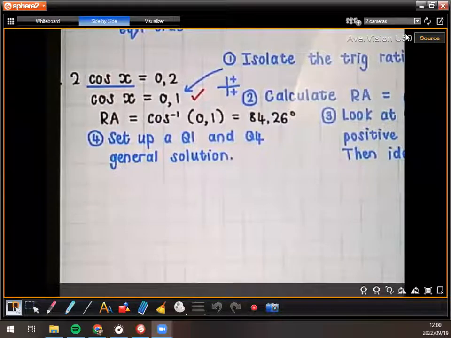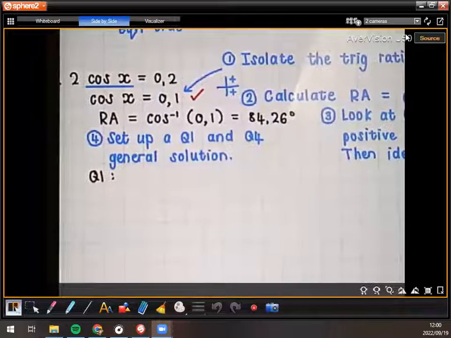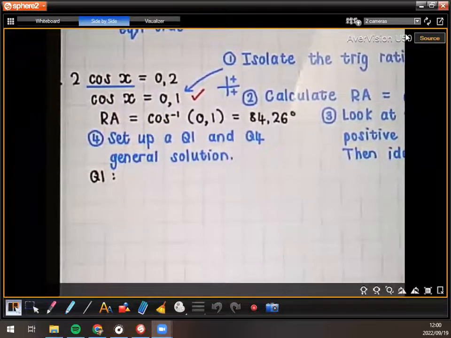We're going to practice a whole bunch of these. I know the first one is a bit tricky, but we're going to sort it out. So guys, I normally physically write down quadrant 1, and then for the next one, I'll write down quadrant 4. But you don't have to, you can just list the two. I think it's quite nice if you set them out nicely.